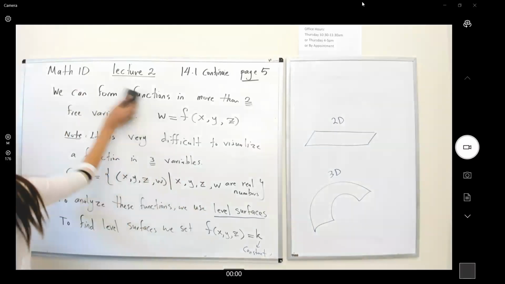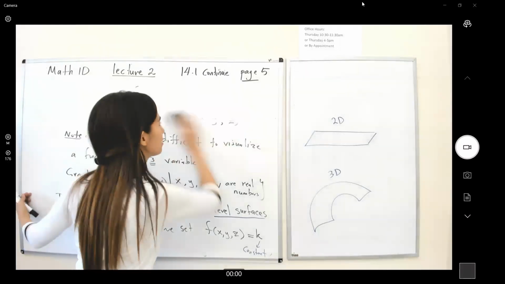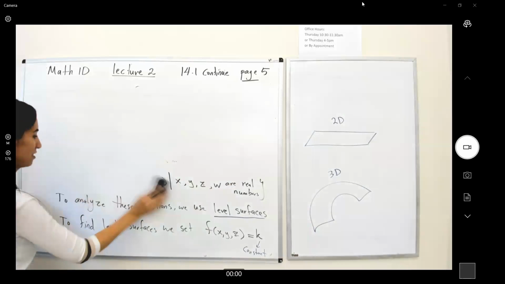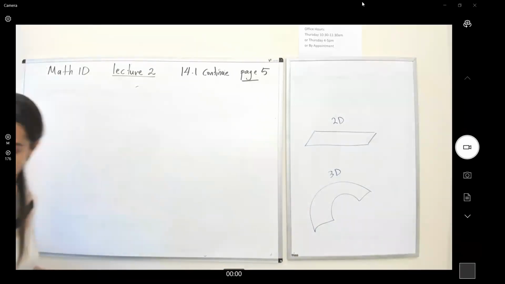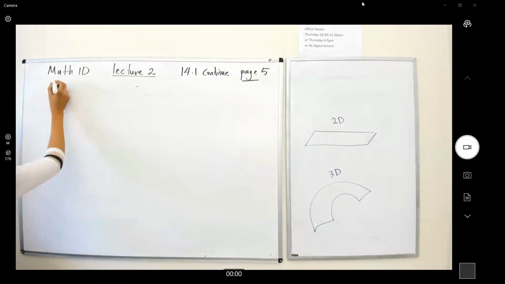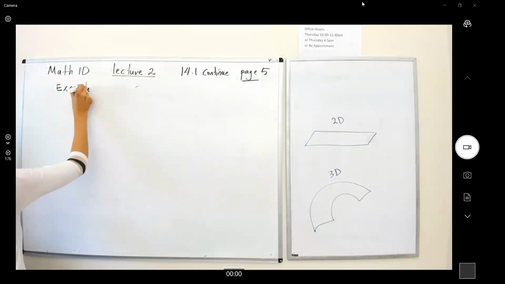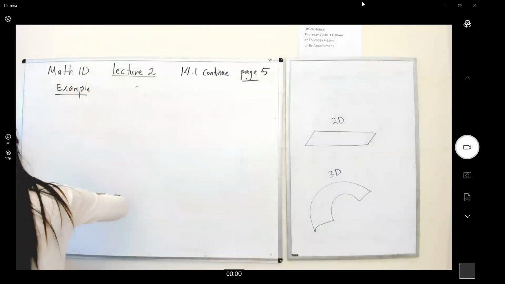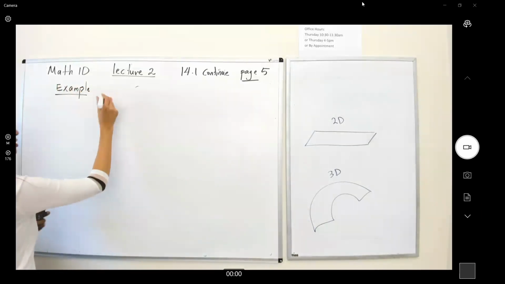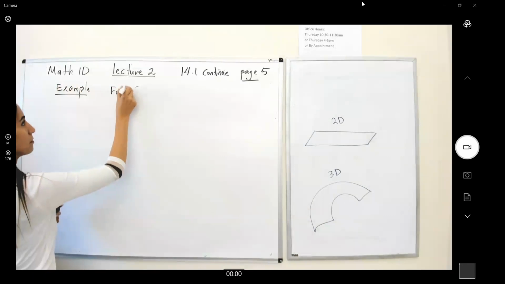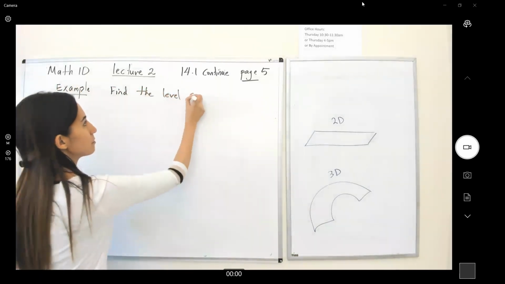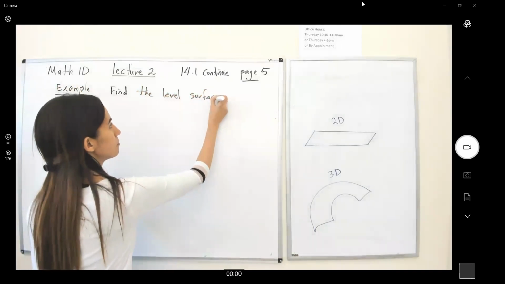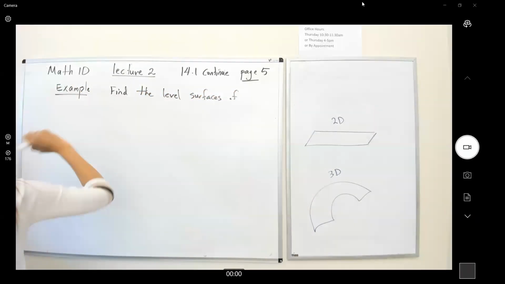Our last example on page 5. Example says, find the level surfaces of the following function.